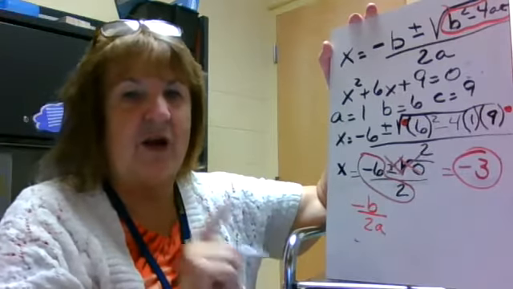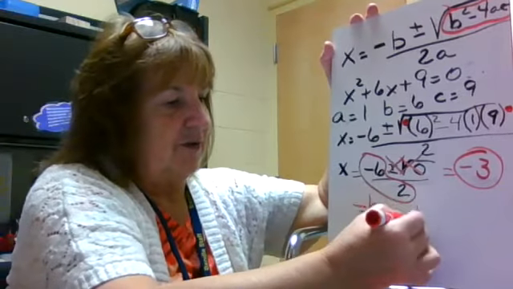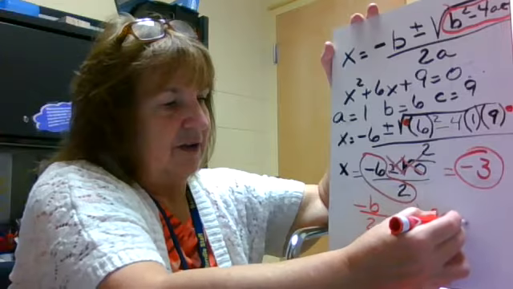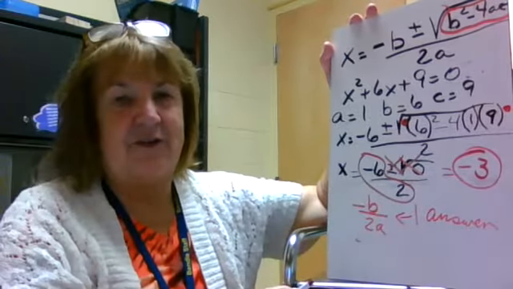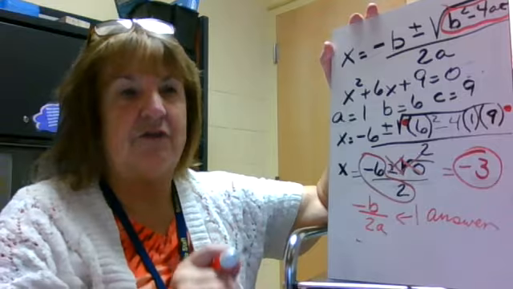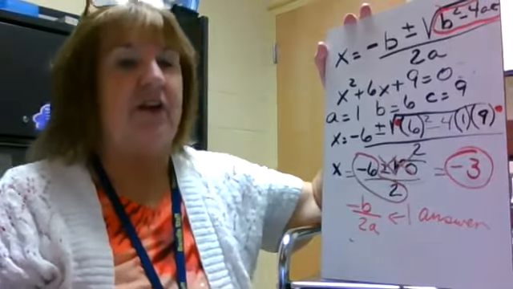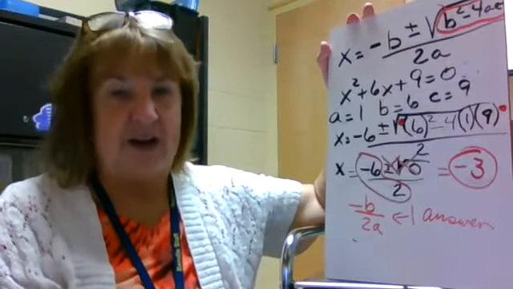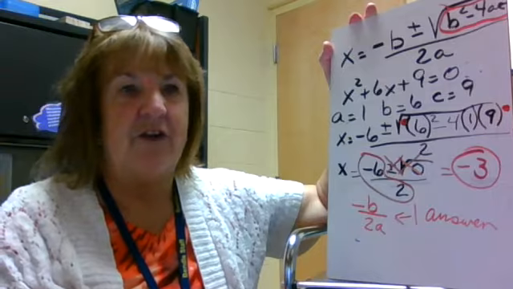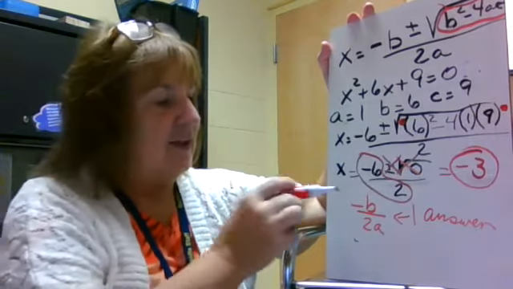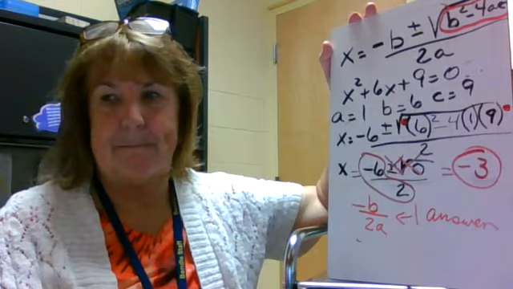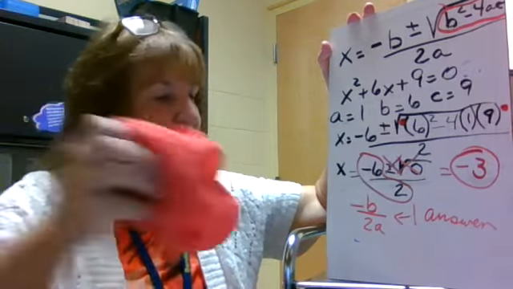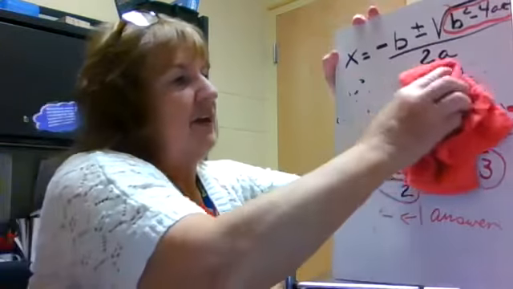So if there's only one answer, then that's the answer, always. So once you figure out the discriminant, you can figure out the discriminant before you write anything down. And if you figure out that the discriminant is 0, then just do this little fraction and you're done with the problem. Okay? All right.